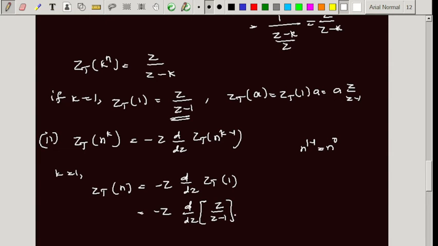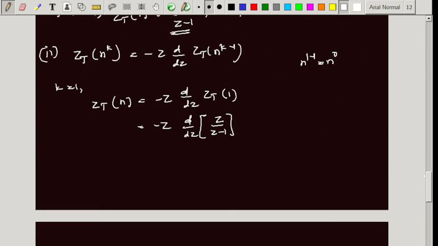So we differentiate this one. If we differentiate, we get minus z minus 1 whole square into z minus 1 into z minus 1 minus differentiation of z, which is 1, minus z into differentiation of z minus 1, which is 1.